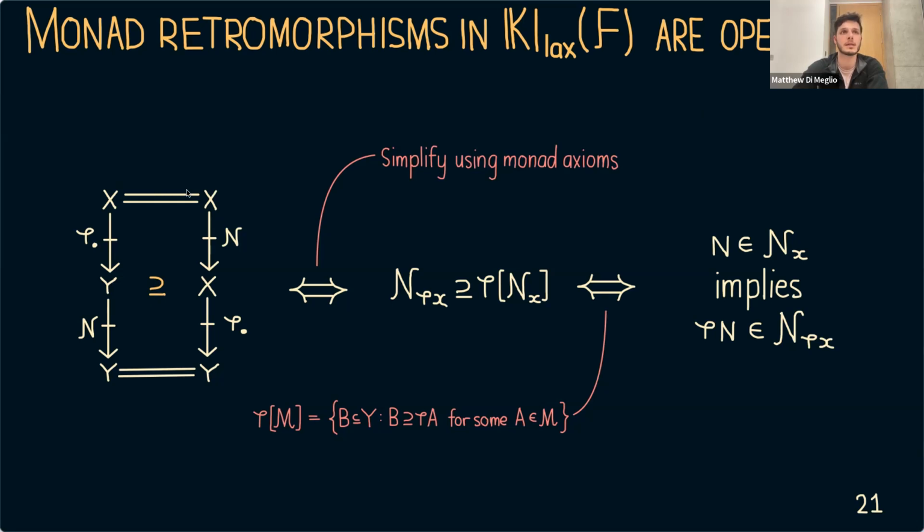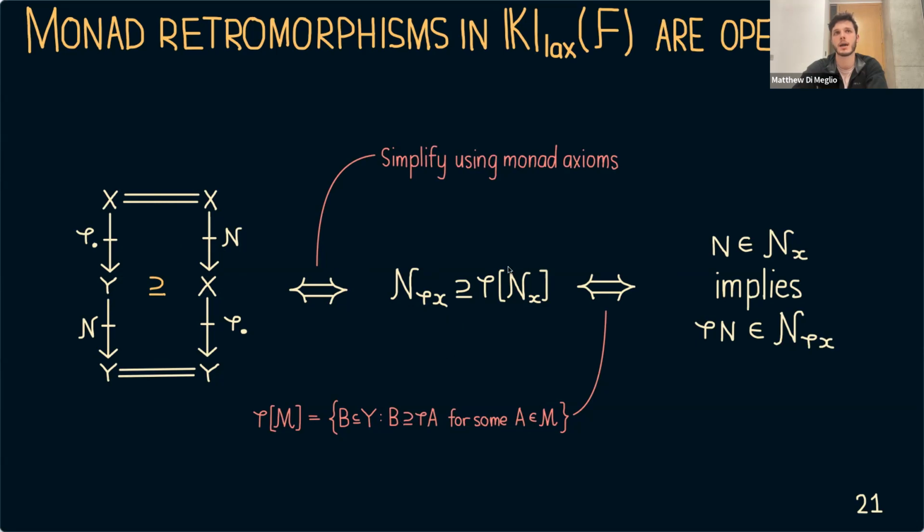And the existence of this retrocell, when you unpack these Kleisli composites and simplify them using the monad axioms, gives you this condition here. The neighborhood filter of phi of x should contain the image under phi of the neighborhood filter on x.